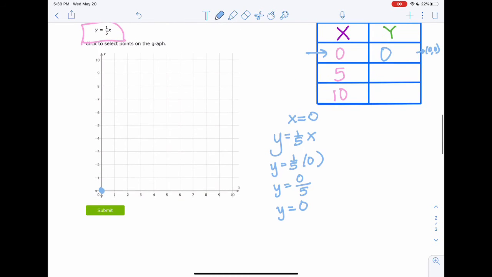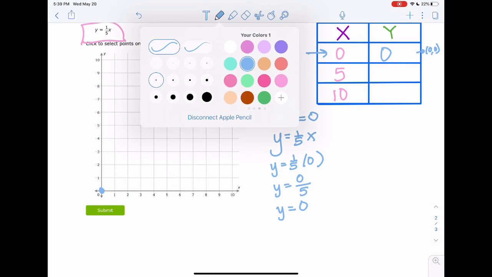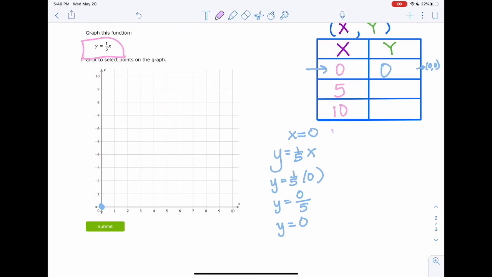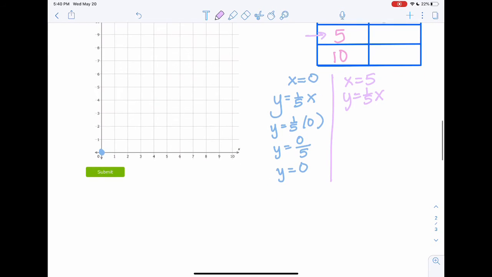And now let's try our next. So now I'm going to try out x equals 5. So x equals 5. I'm going to substitute it into that same equation. So y equals 1/5 times 5. So we're going to multiply our numerator with our integer.